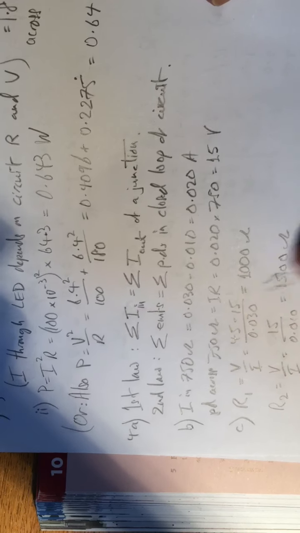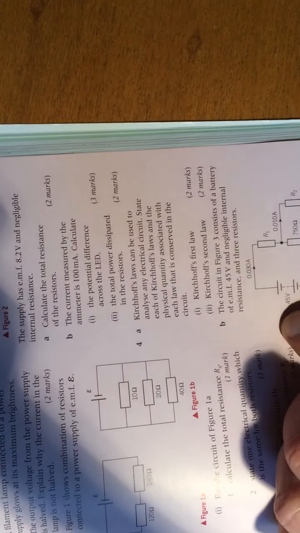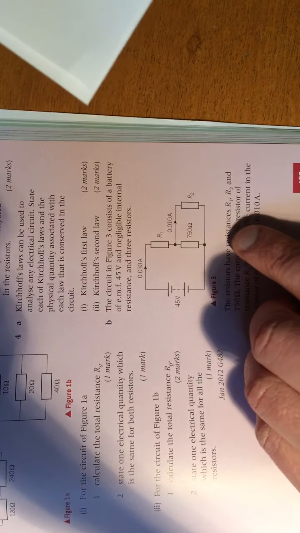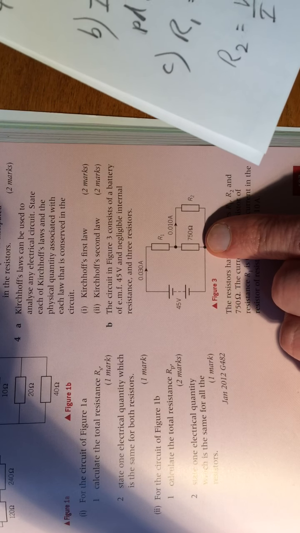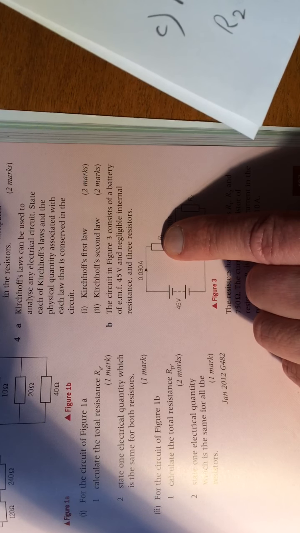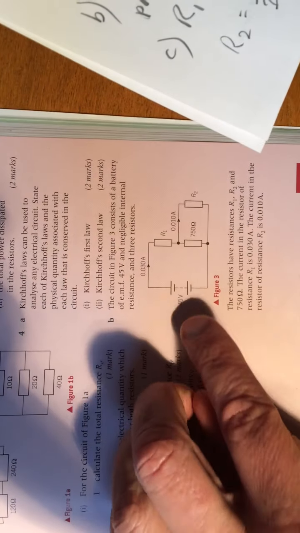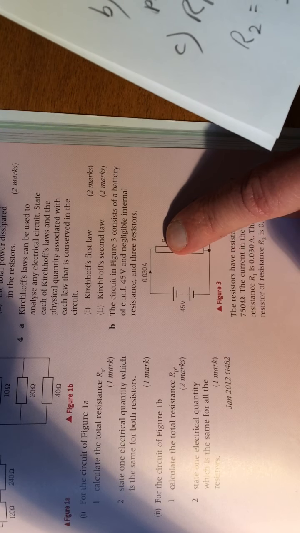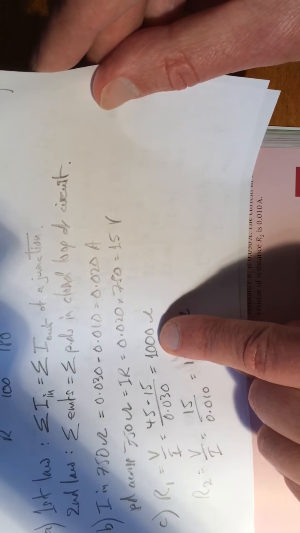Let's have a look: 45 volts there, minus 15 volts, as 15 volts is across the 750 ohm resistor. So R1 is V over I, the V across R1, which is 45 minus the 15 across this resistor, giving us 30 divided by the current 0.030 amps, which gives us 1000 ohms.